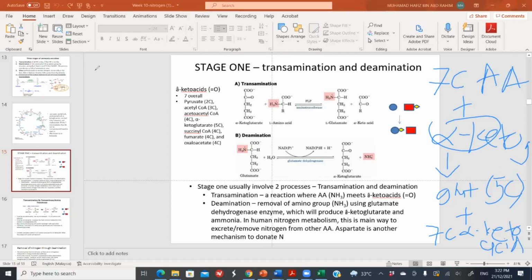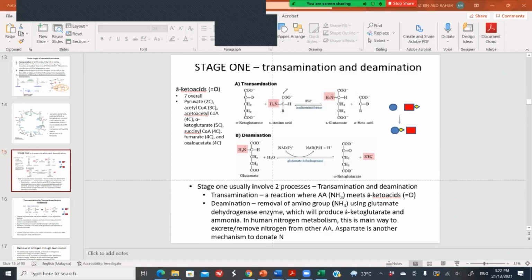So you guys understand so far the transamination? Doktor, faham? Okay. Kenapa kena ambil alpha keto? Sebab glutamate tu punya rangka is 5 carbon. Oh, so maksudnya apa yang kita nak react tu kita kena tengok dia punya hasil tu ke?